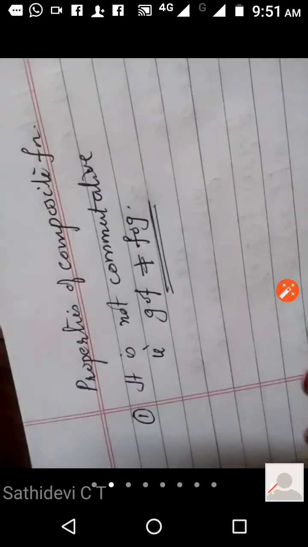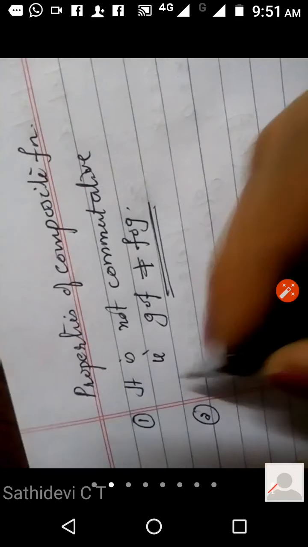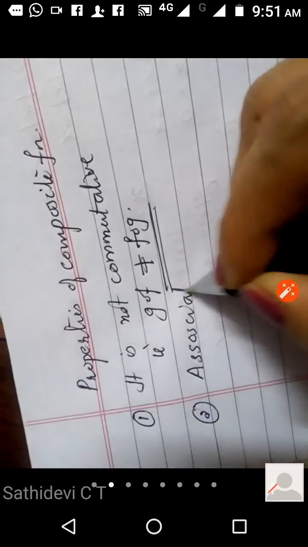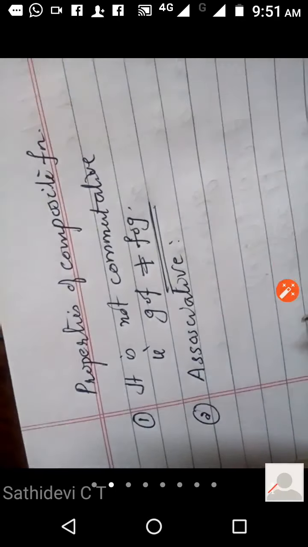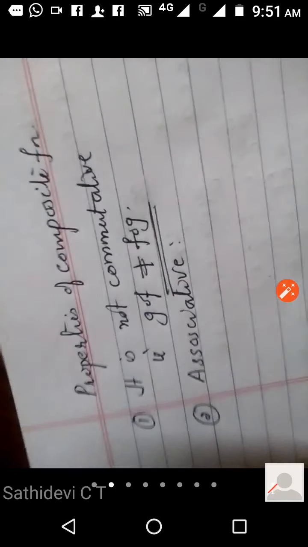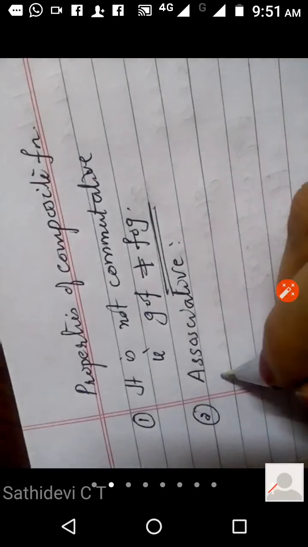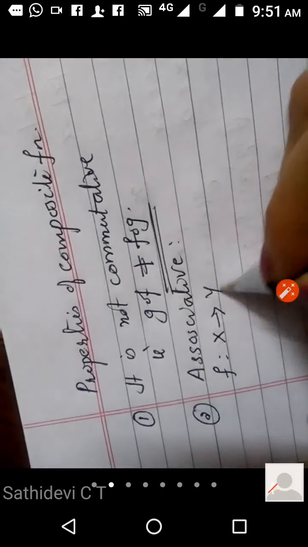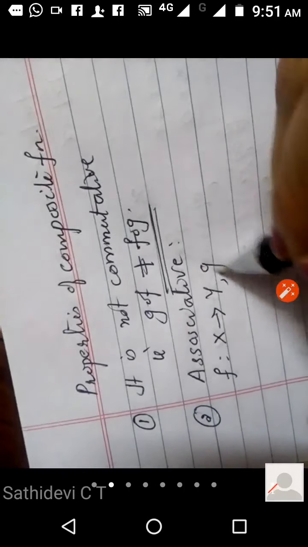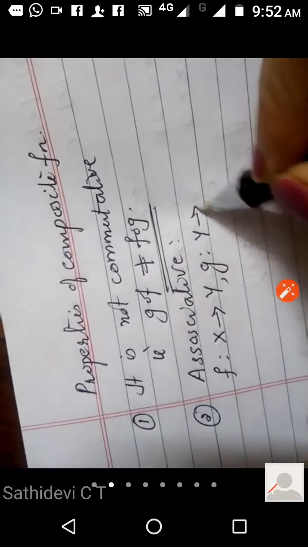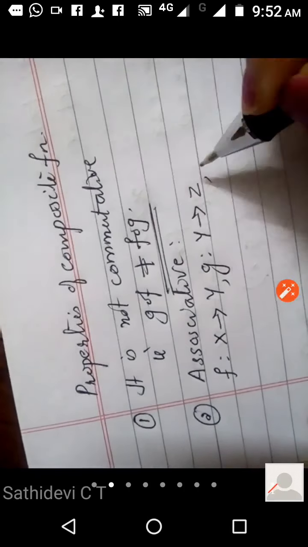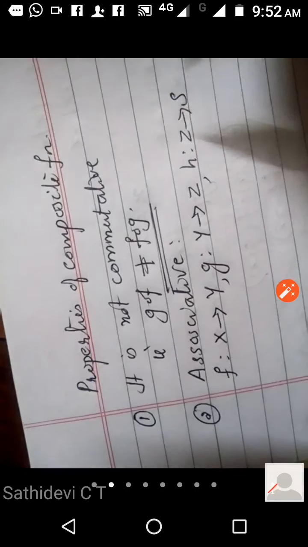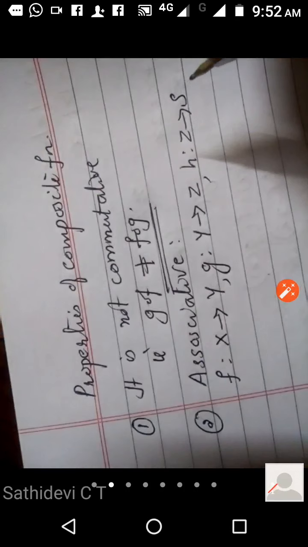Second property, associative. Associative means three functions we are considering. F is a function from X to Y, G is a function from Y to Z, H is a function from Z to S. Like this you consider.